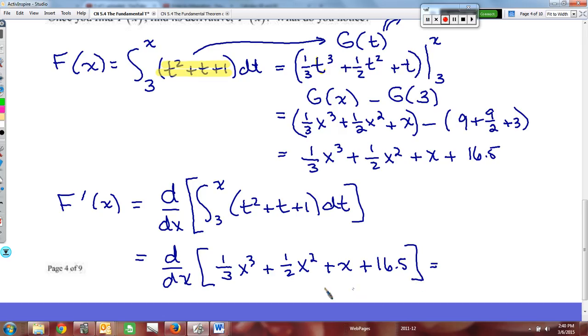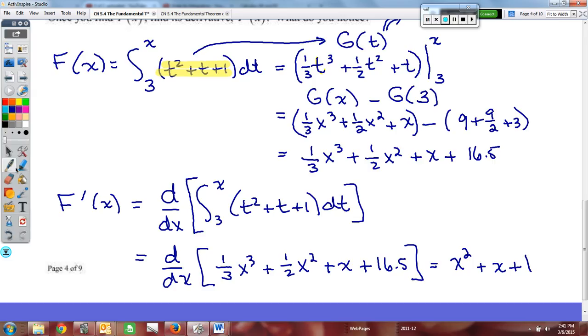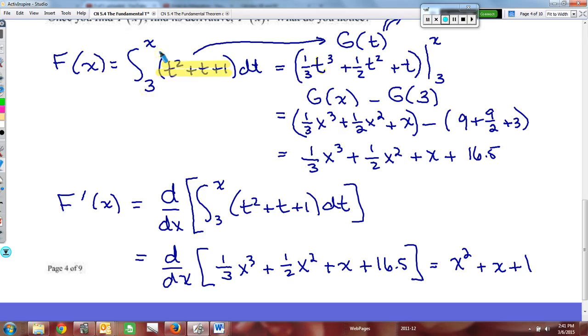What is the derivative of this? Hopefully you'll recognize that's x squared plus x plus 1. Now, do we notice anything about this? The definite integral process of finding this net change finds an antiderivative over here.